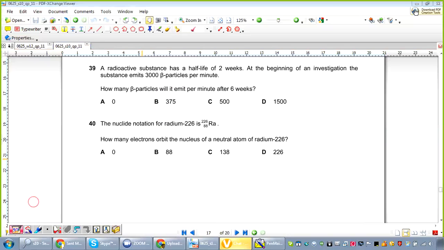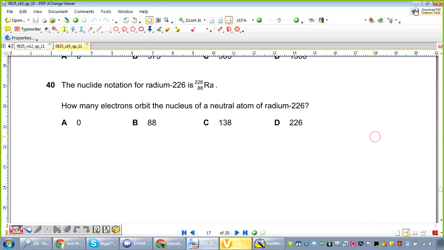Last question. The nuclide notation for radium 226: how many electrons are in the nucleus? 88. That's correct.